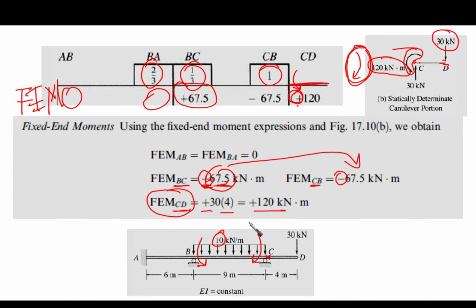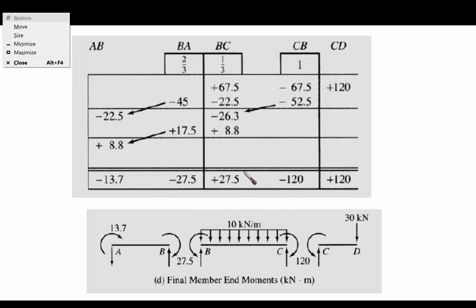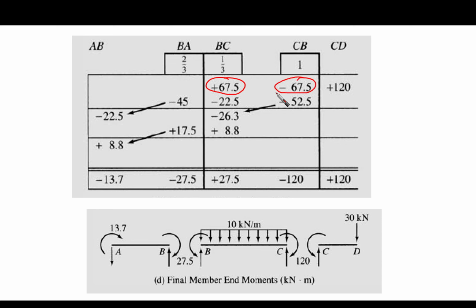Okay, now let's go to the next level, which is related to the balancing. So now we have 67.5, it is unbalanced, and we have here also minus 67.5 plus 120. This is an unbalanced moment at point C and an unbalanced moment at point B. Simultaneously, we are going to balance them using the distribution factor. So 67.5 with negative sign here, multiply 2 over 3 times 67.5, it gives you 45, and 1 over 3 times 67.5 gives you 22.5.